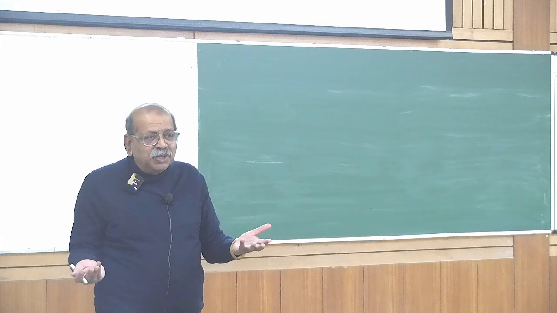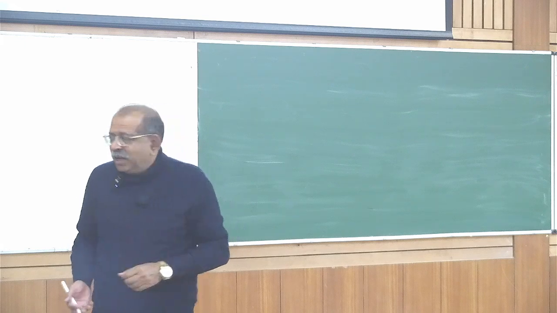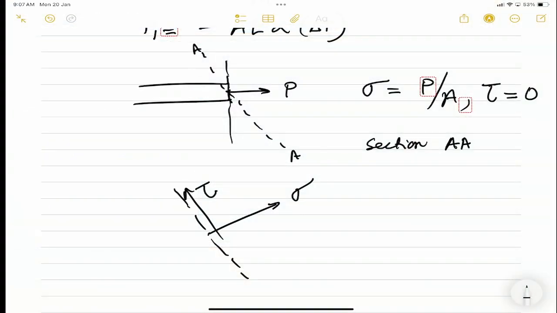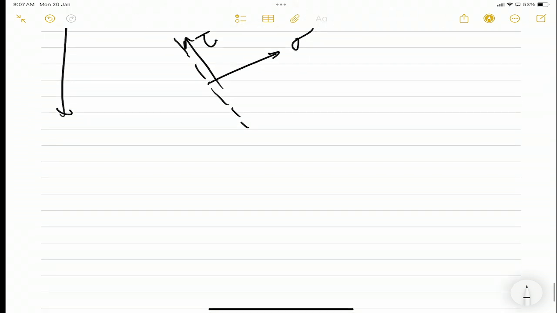And how do we know this? Let us just plot a Mohr circle. Okay. So, now for this loading, how will the Mohr circle look?